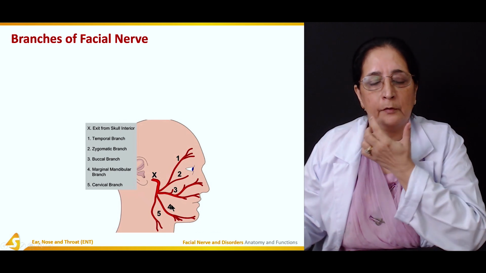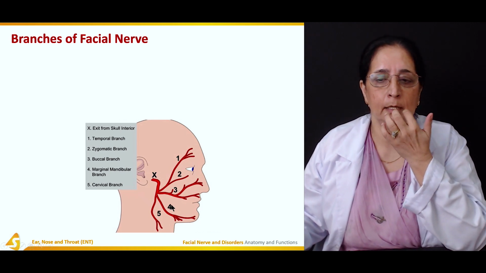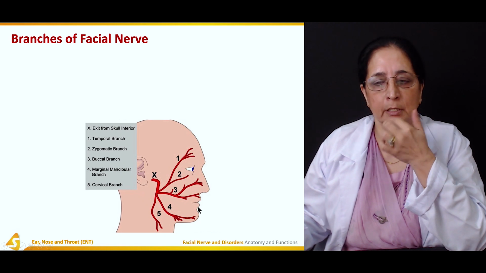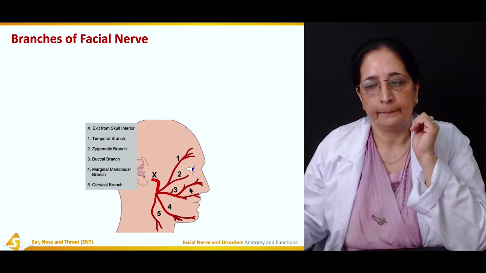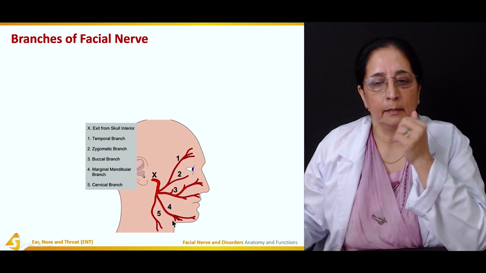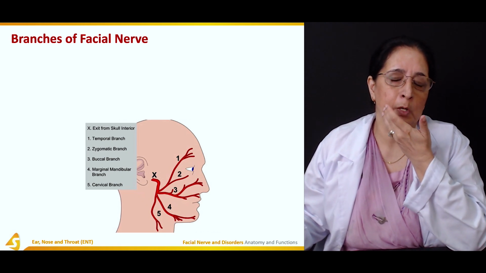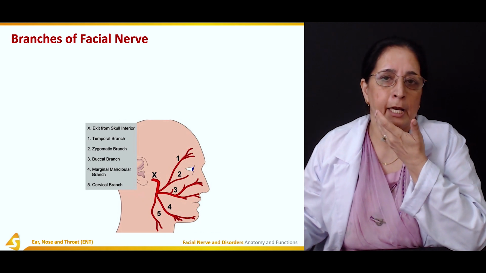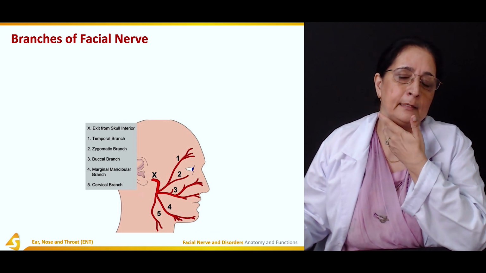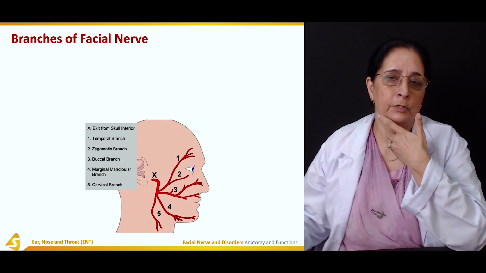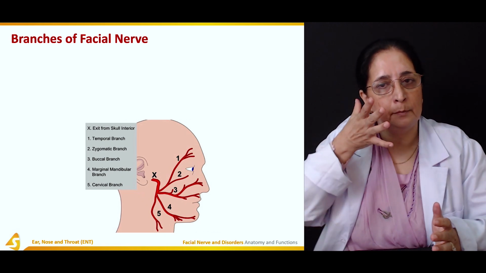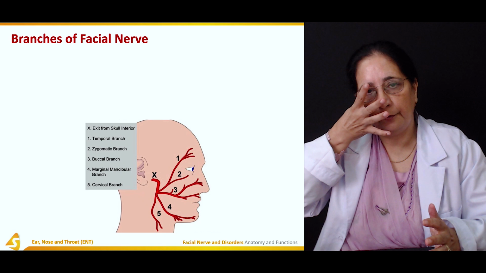Then the buccal region. Buccal is around the mouth region. And then the fourth is the mandibular branch. Mandible is the jawbone, so it's the mandibular branch. And then the fifth is in the cervix or the neck. So this is roughly the position of the facial nerve.